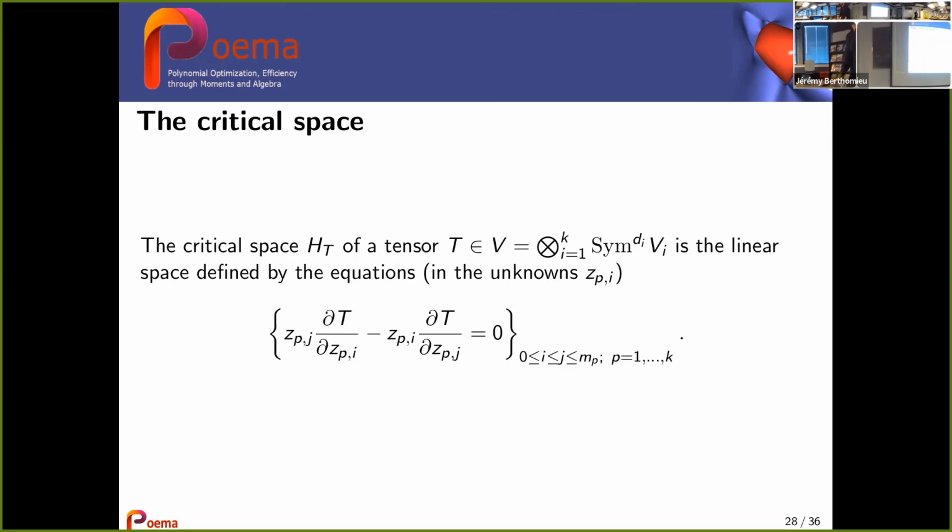Exactly. So do you know what this hypersurface is? Some kind of discriminant? I don't know if there is a classification, because, for example, a decomposable tensor is maybe not general enough, but behaves well. So the hypersurface is where the zeros are no longer well defined. It's called the eigendiscriminant.